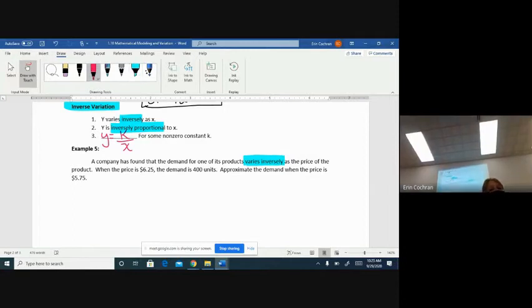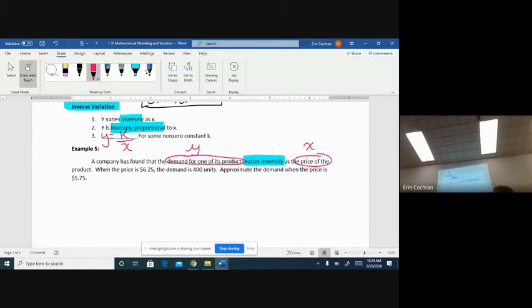So my demand represents what variable? Y. Varies inversely as the price. And what's my price? The X, right? When the price is $6.25, the demand is 400 units. Approximate the demand when the price is $5.75.